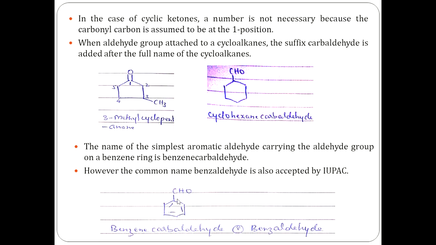Benzene is the aromatic compound. If the aldehyde group is added to this benzene, it is named benzenecarbaldehyde. The common name benzaldehyde is also accepted by IUPAC.